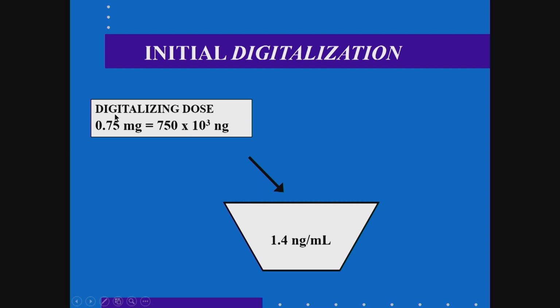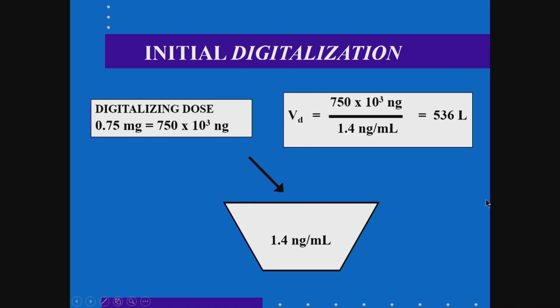You see here we are doing our proper dimensional analysis in terms of the dose that was administered, the measured concentration in plasma in terms of nanograms per ml, and then applying that principle, the dilution principle, if you will, we have now our dose in nanograms, our concentration in nanograms per ml, and we have this rather large apparent volume of distribution of 536 liters for digoxin.